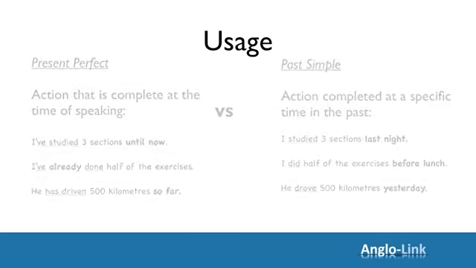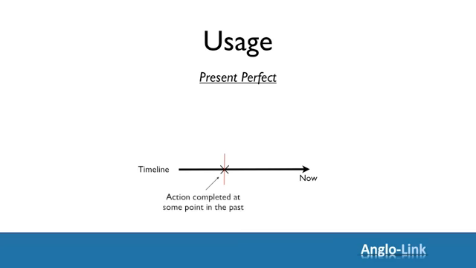Let's look at the timelines for a better picture of the differences. Here's the present perfect that you saw in the previous video. An action in the past, completed at some point, we don't know when, or we don't care to mention when. The action is complete at the time of speaking.